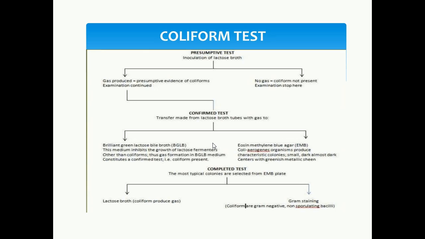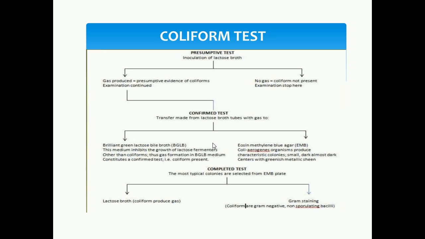Next one, EMB, eosin methylene blue agar. E. coli and aerogenes organisms produce characteristic colonies, small, with dark almost black centers with greenish metallic sheen.